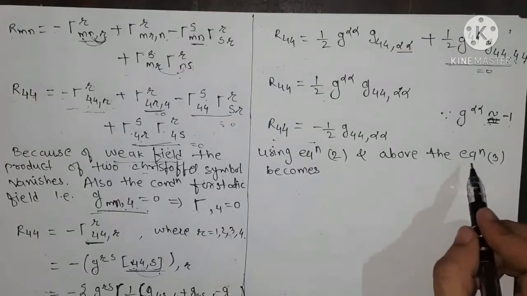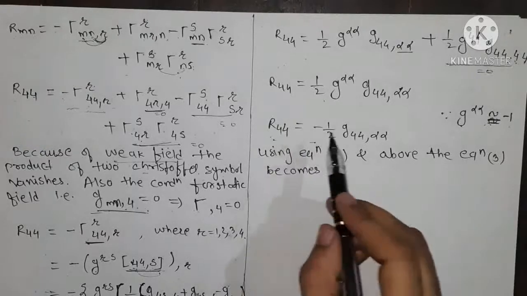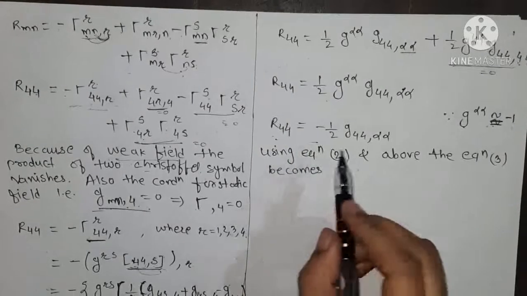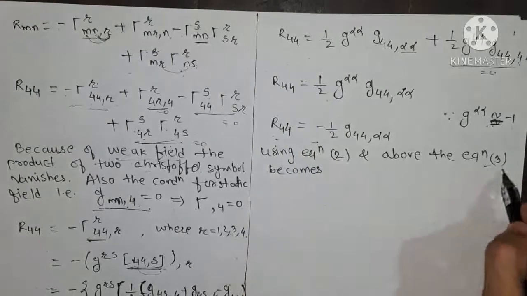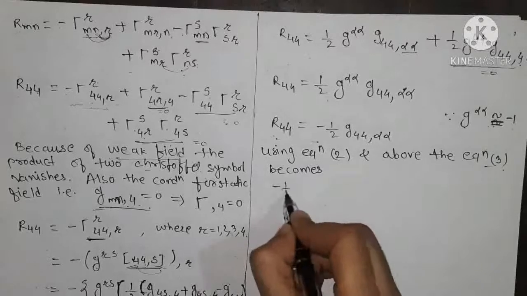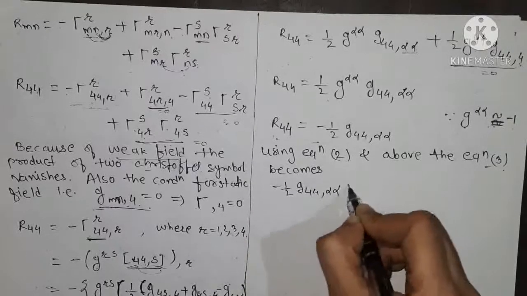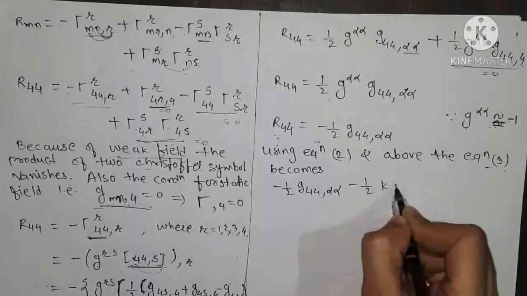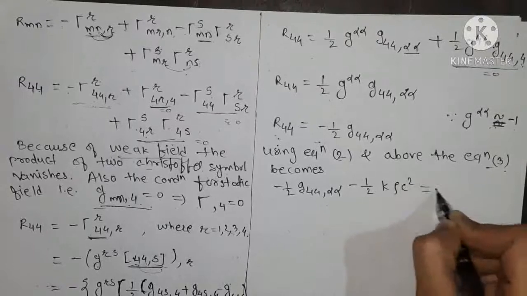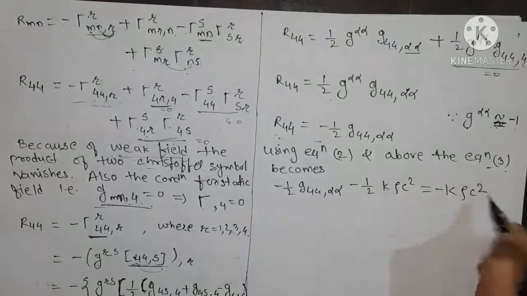So we substitute this value of R_44 and the value of kT_44 in equation 3. So we have minus 1/2 g_{44,alpha alpha} minus 1/2 k rho c squared, which is equal to minus k rho c squared.